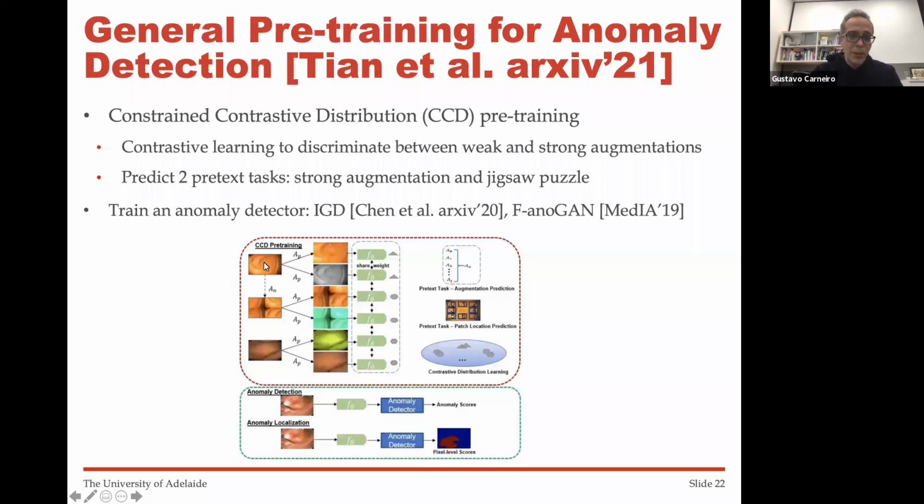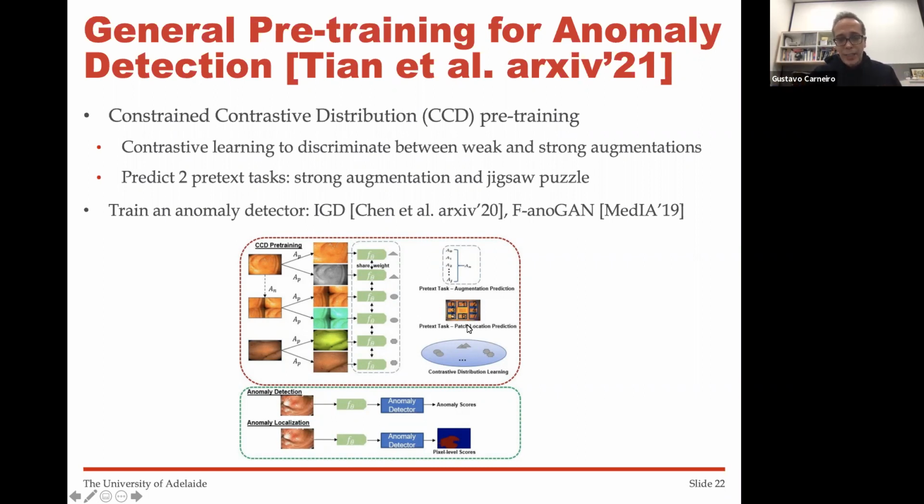So basically what we're trying to do is we take an image here, we have a strong augmentation and a weak augmentation, and then we use the contrastive loss to put together the weak augmentation and push apart the strong augmentation, and at the same time we try to predict the strong augmentation, and also we try to predict this jigsaw puzzle.